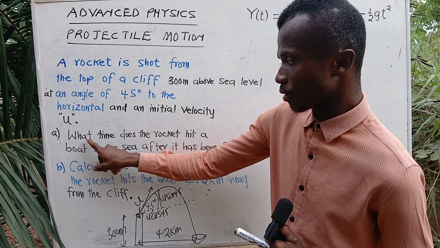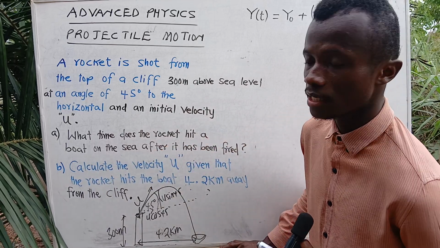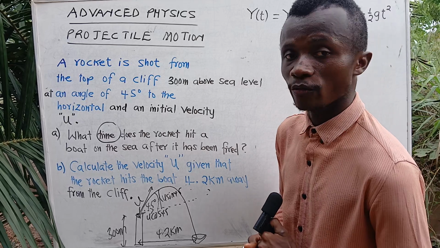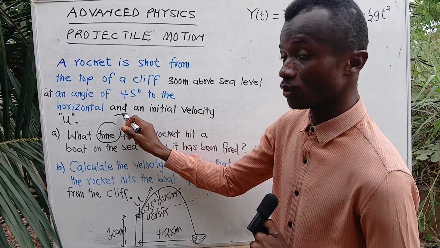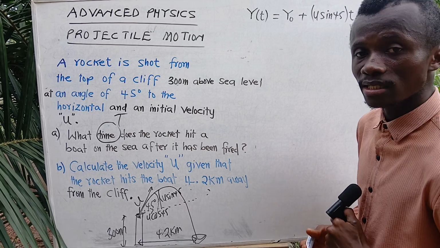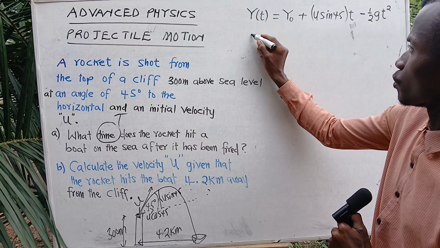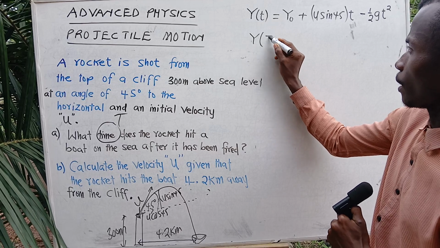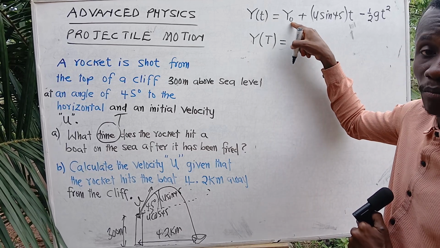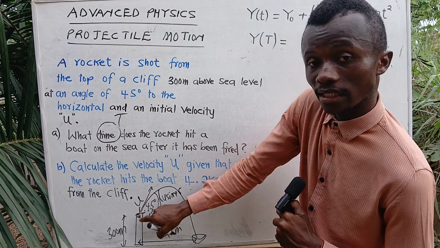The first question is, what time does a rocket hit a boat on the sea after it has been fired? This time is referring to the time of flight that previously we denoted by capital T. So calculating the time of flight, this equation then changes to y at the time of flight, capital T, is equal to, what is the initial position of the y? We picked that 0 to be the initial position, so that is 0.